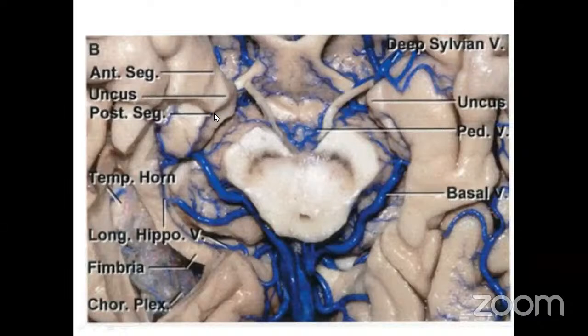In this diagram, the part of the posterior segment of the right uncus and adjacent parahippocampal gyrus has been removed. We can see the anterior and posterior parts of the basal vein. This is the temporal horn. We can see the longitudinal hippocampal vein, the fimbria, and the choroid plexus in this image.